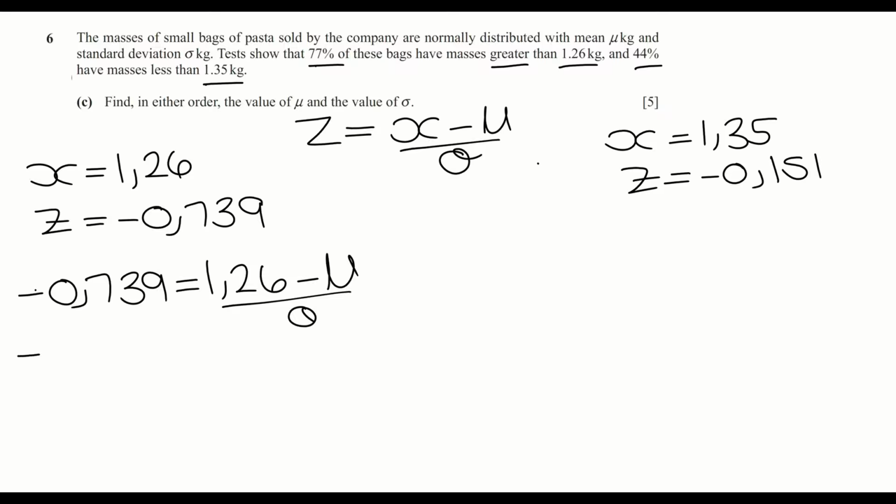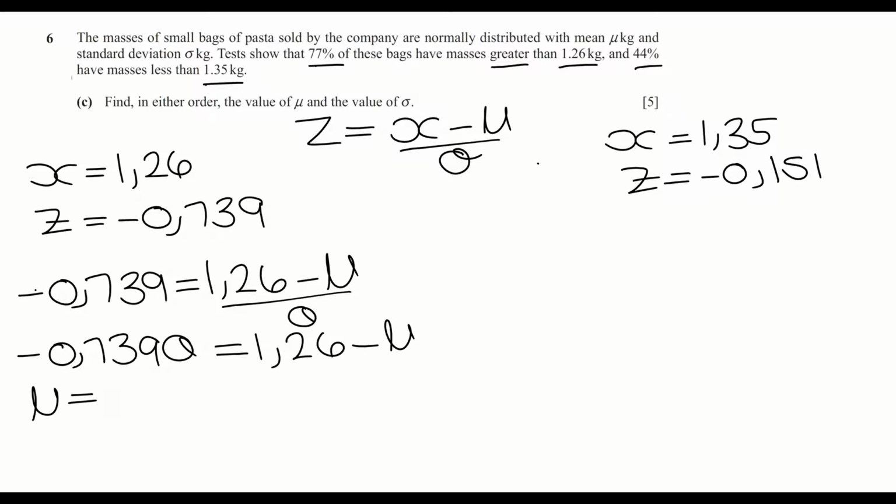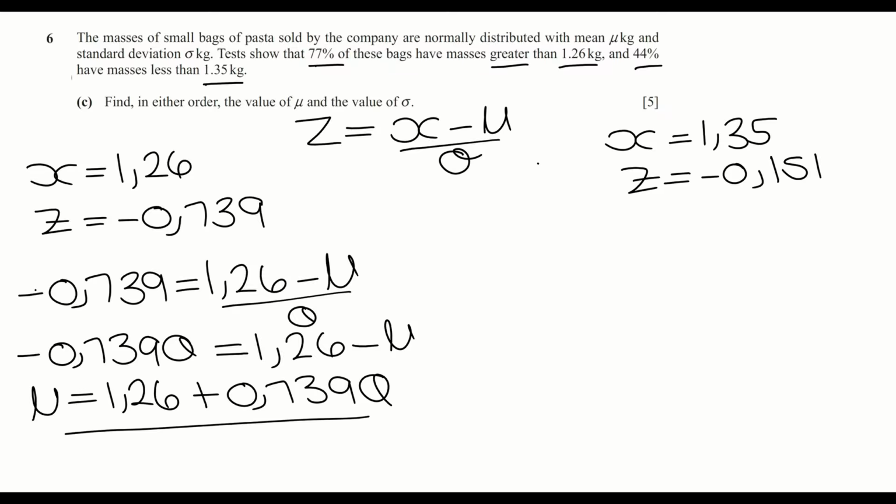And I get negative 0,739 multiplied by sigma is equal to 1,26 minus mu. To solve for mu, it needs to be positive. So let's move it to the left. And I get that mu is equal to 1,26 plus 0,739 sigma. This is our first equation.